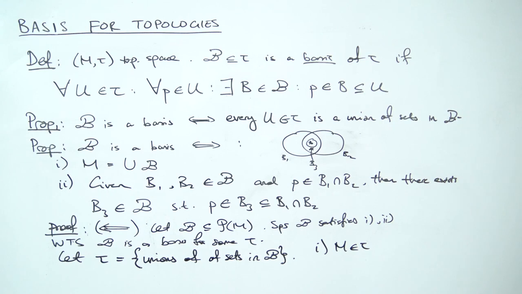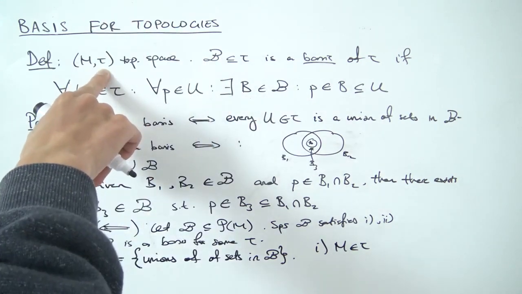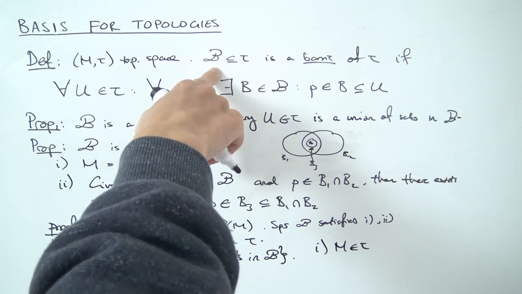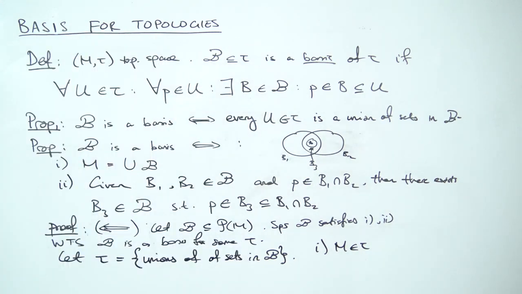Now this one's a bit confusing because the empty set need not be in the basis that we have. The topology needs to have the empty set, but when we go to choose our basis, we don't need to include it in there. Now, how do we know that the empty set is in this tau? Well, this is the set of unions of sets in B. More precisely, we just need a union over a bunch of these B's.